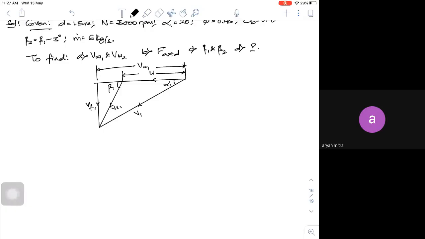In similar fashion, I can draw the exit velocity triangle like this. This will be VR2, beta 2. This will be V2, this will be VF2, and this will be VW2. So this is the velocity triangle.